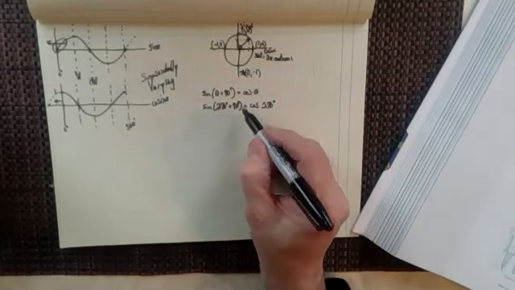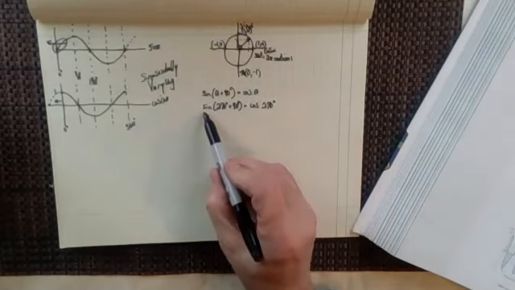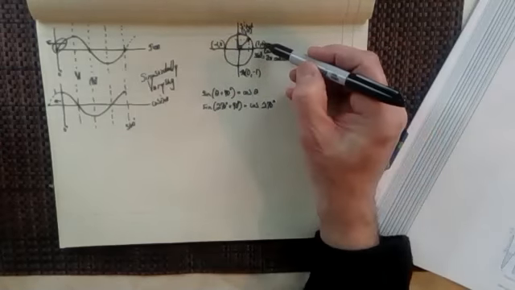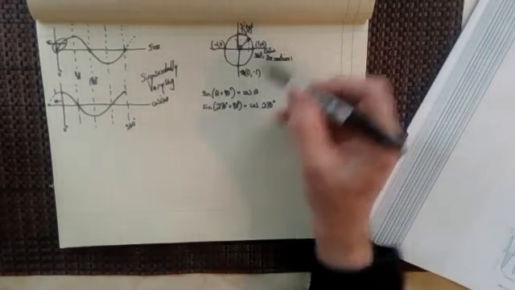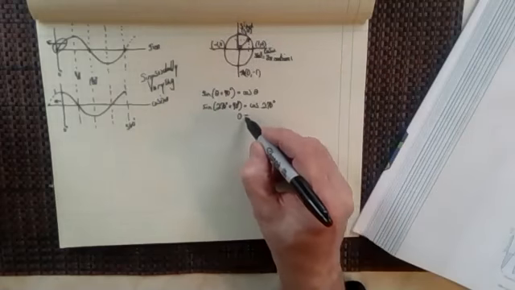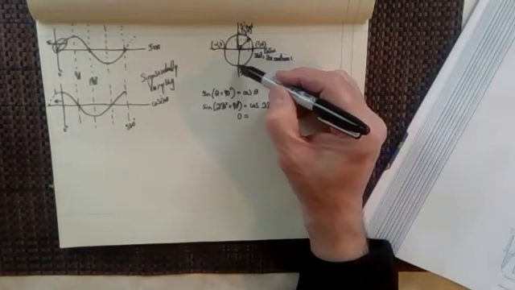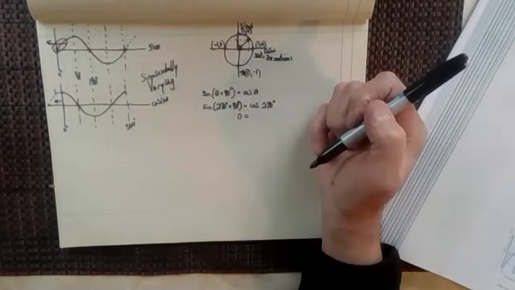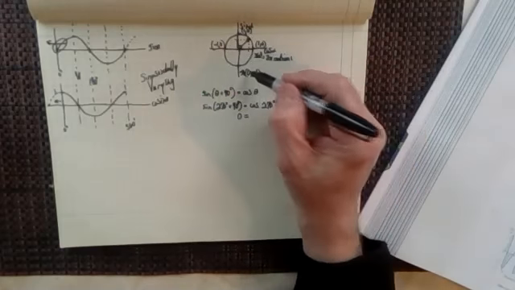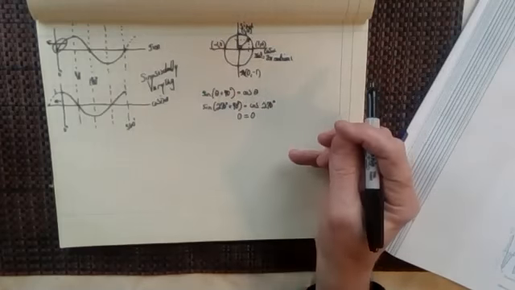Well, 270 degrees plus 90 degrees would be 360 degrees, and so the sine of 360 degrees is going to be 0. And is that the same as the cosine of 270 degrees? The cosine of 270 degrees is also 0.